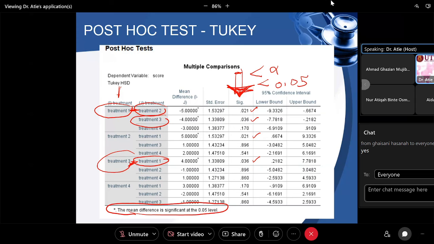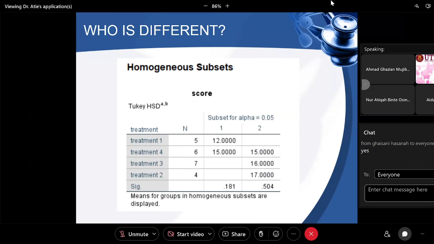Okay. The next table that we can look at is this one. I love this table. Who is different? We can easily detect by the homogeneous means table. This Tukey test helps us.